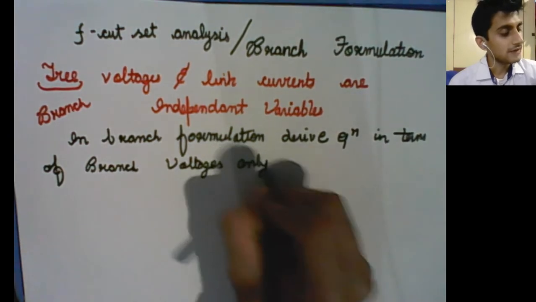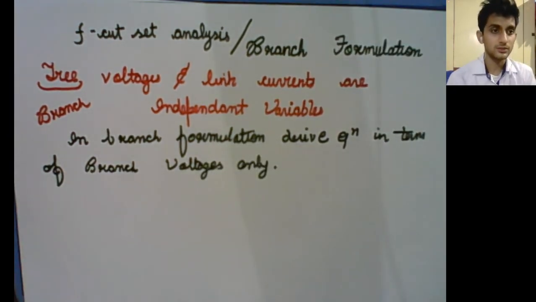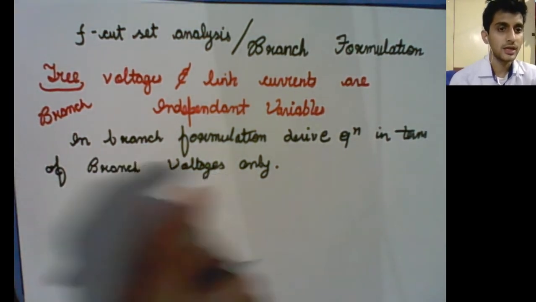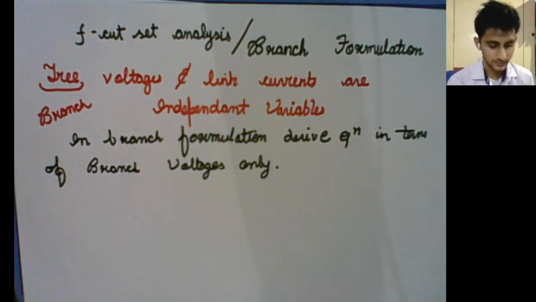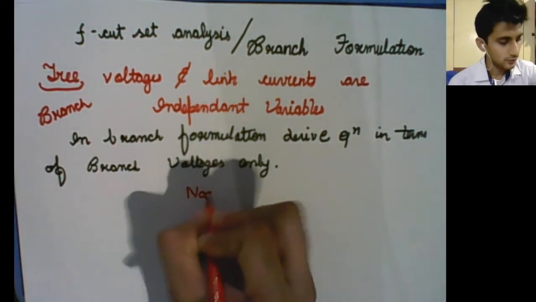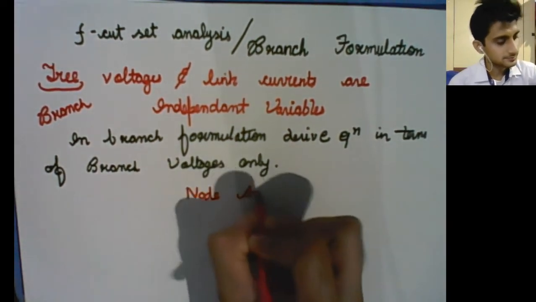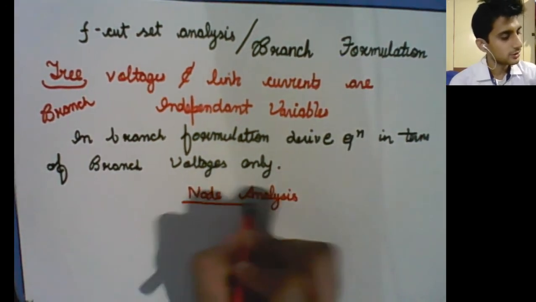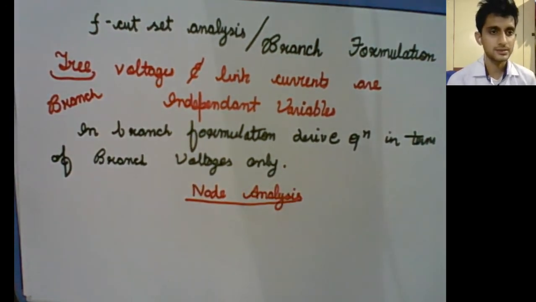Remember, when we were doing circuit formulation or F chord formulation, उसमें we were dealing with the chord currents only. Here we are dealing with branch voltages only. Okay. So in a way I can say that I am going to do some sort of node analysis.